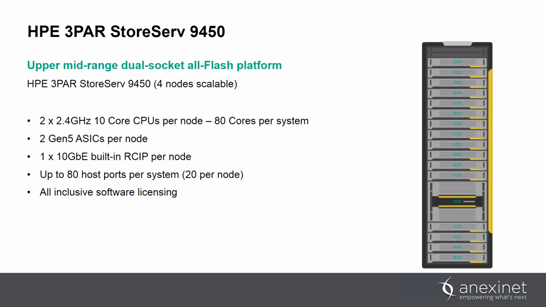So again, going beyond that typical 1 ASIC that you would have with an 8000 series, you're taking some of the enterprise level features of the 20K and putting them down into the mid-range level. You have a 10 gig RCIP, so replication port capability now, up to 80 host ports per system, 20 per node, and it goes along with the new all-inclusive software licensing model.